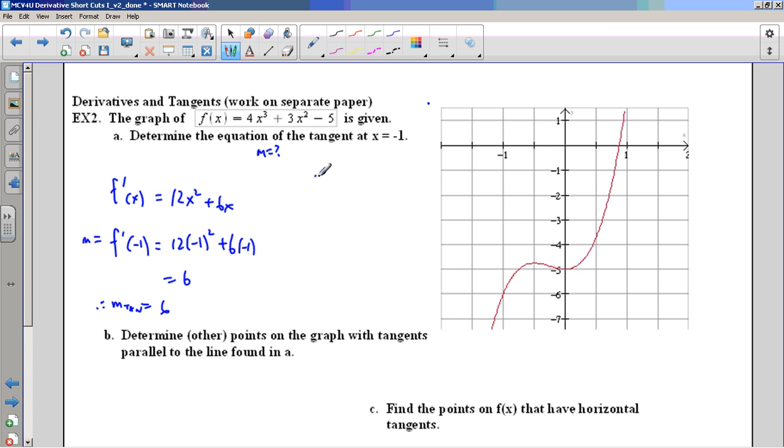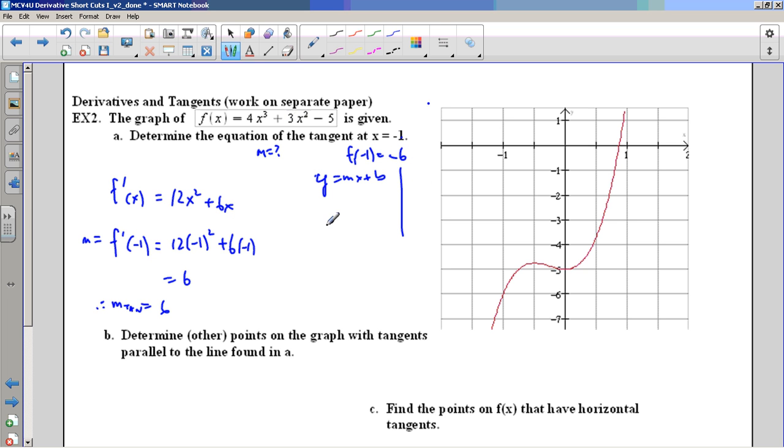And if I want to write y equals mx plus b, when x is minus 1, I have to figure out what f at minus 1 is. Put in minus 1 in here, and I get minus 6, 4, that's negative 4, plus 3, minus 5 is minus 6.